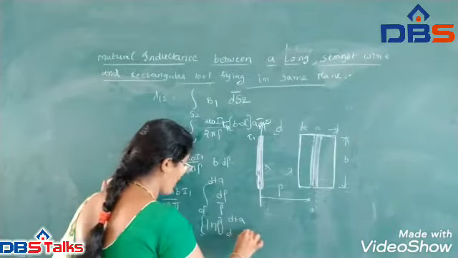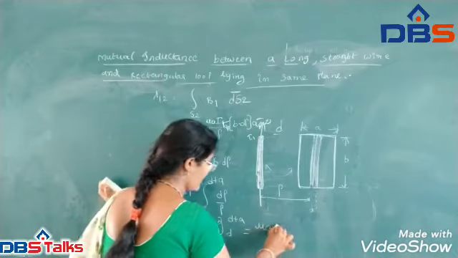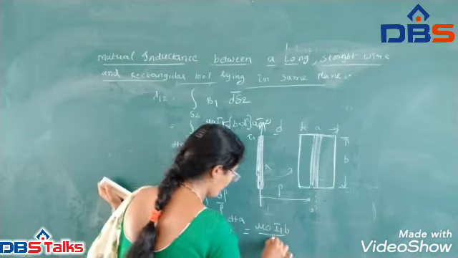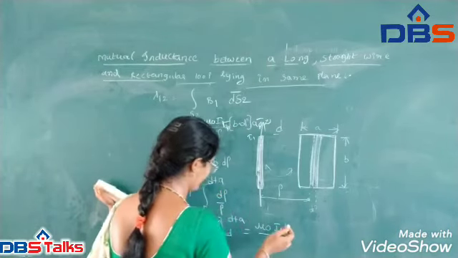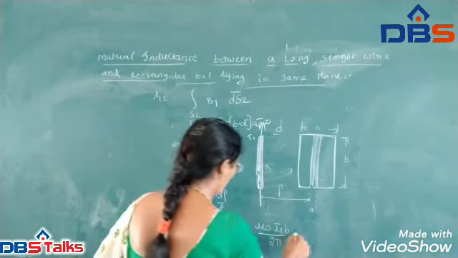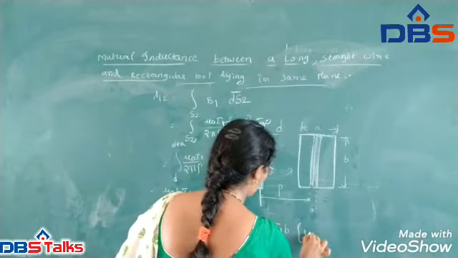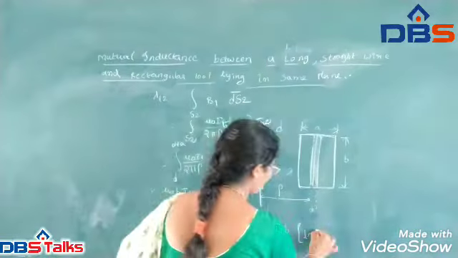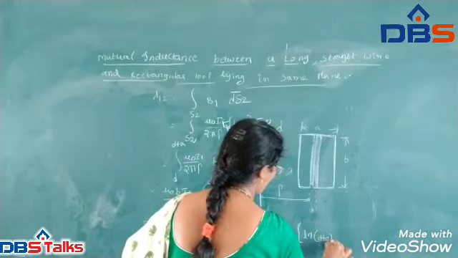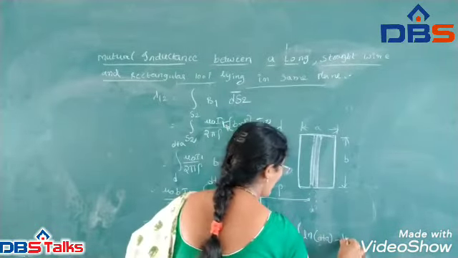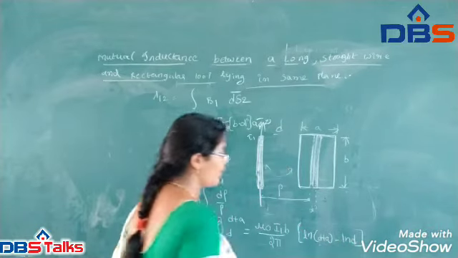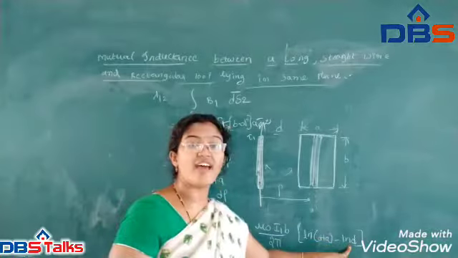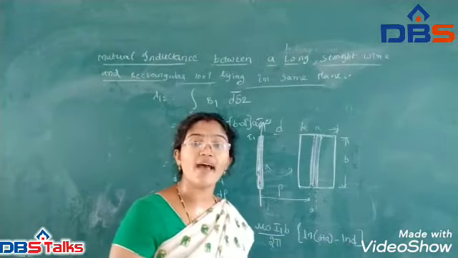So you have mu naught I1 b divided by 2 pi times ln of the first limit d plus a, minus ln of d. This is in the form of ln a minus ln b, so you can write ln of a by b.